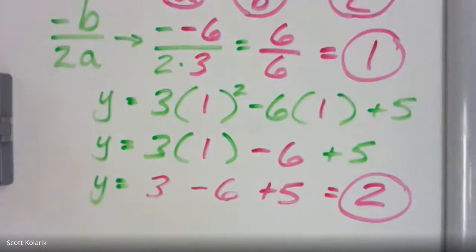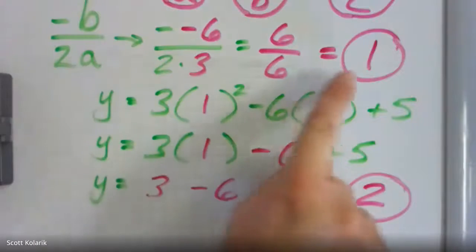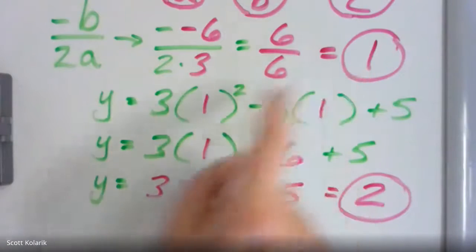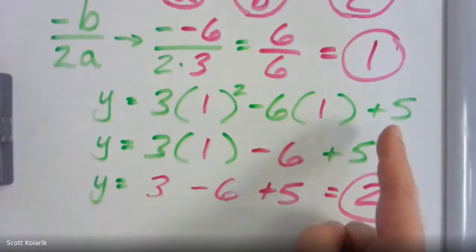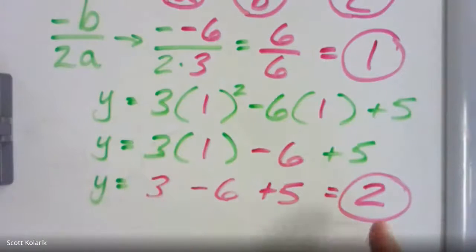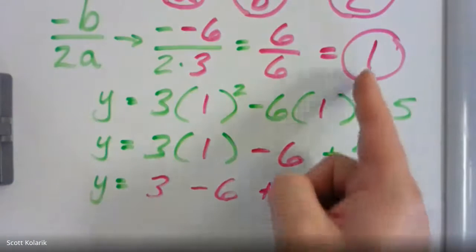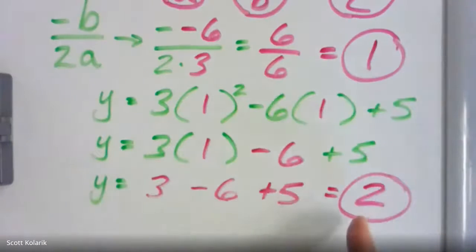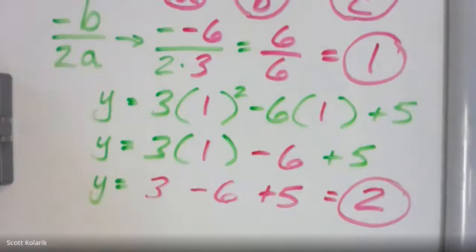So what's the significance of that value? What we have just done is what we typically do on an XY table, right? We choose some x value to plug into our function, and it's going to spit out some unique value. This has just created a coordinate point. What's the significance of this coordinate point?